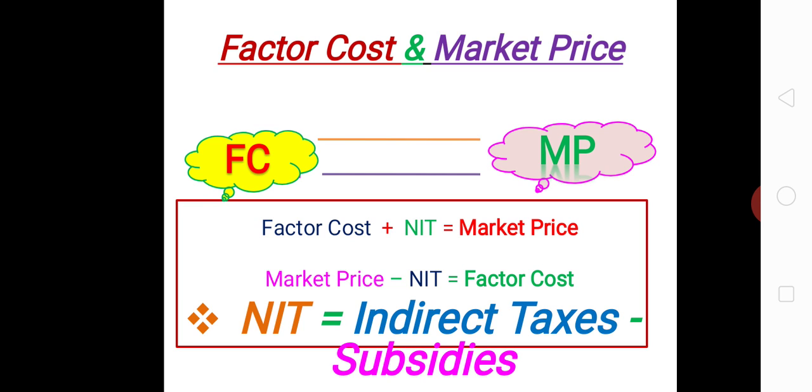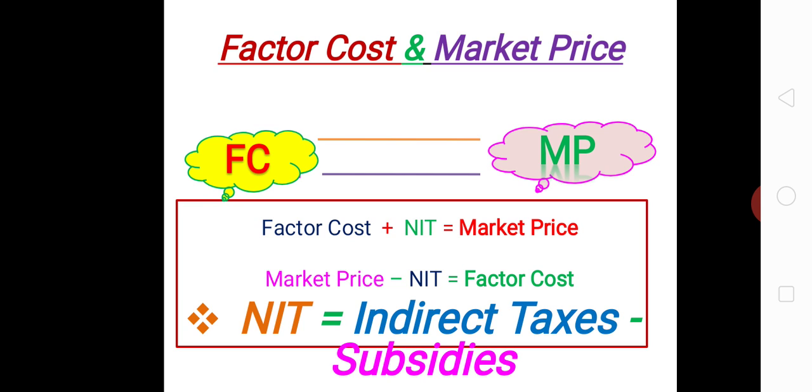If market price is given, then if we subtract NIT, that is net indirect tax, which is the difference between indirect tax and subsidy, we will get factor cost. So market price minus NIT is equal to factor cost, or we can say market price minus IT, indirect tax, plus subsidy is equal to factor cost.